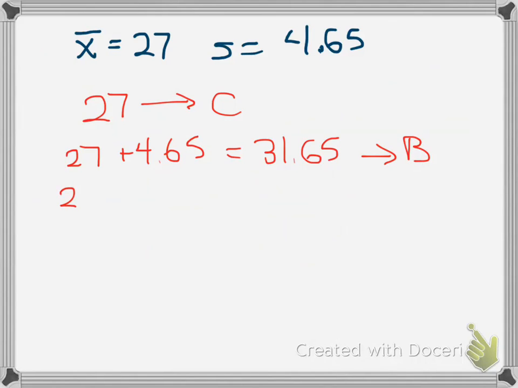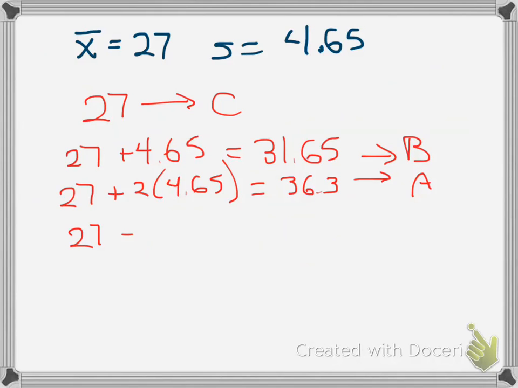And if we have 27 plus 2 standard deviations above the mean, we get a 36.3. So anything higher than a 36.3 would be an A. Going the opposite direction, if we have 27 minus 1 standard deviation, or minus 4.65, we're going to wind up with a 22.35.